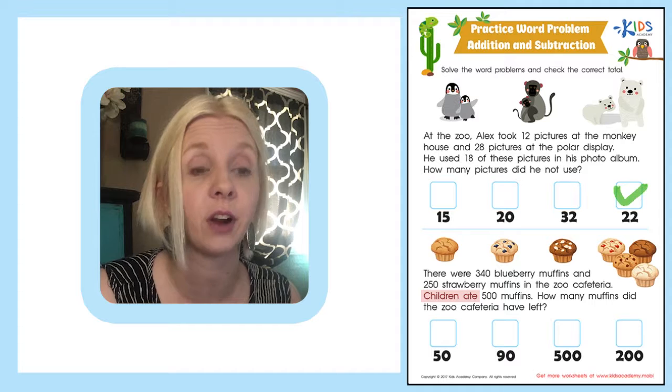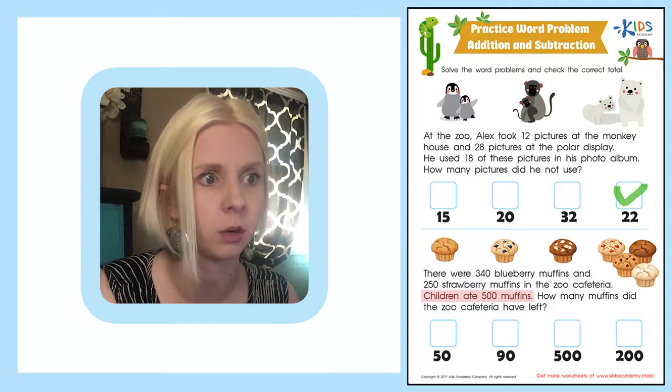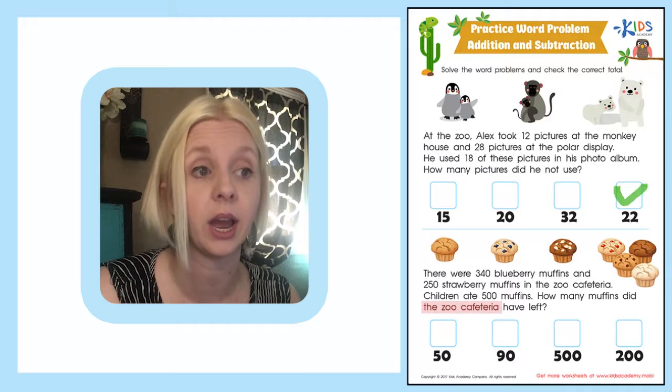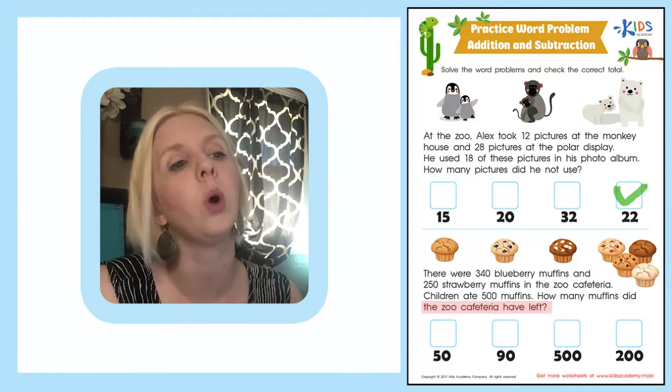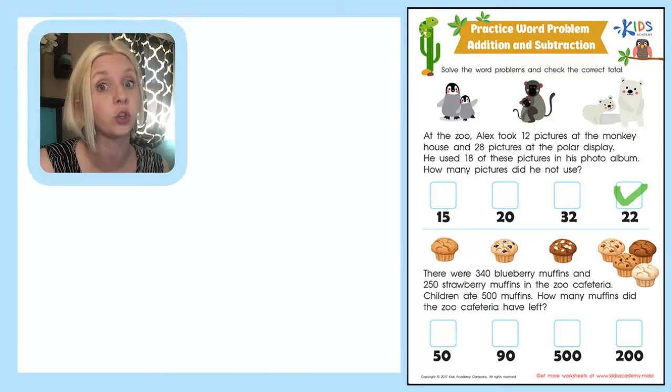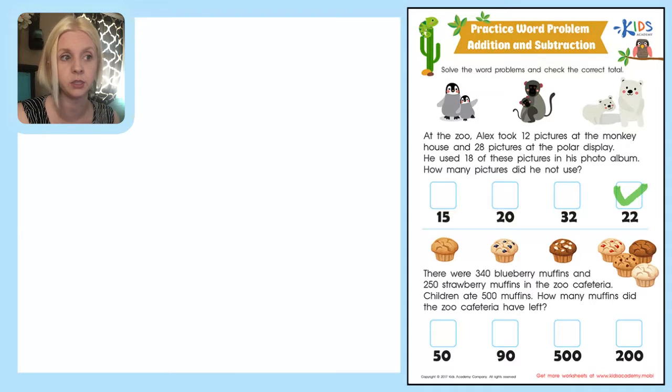Children ate 500 muffins. Ooh, that's a lot of muffins. How many muffins did the zoo cafeteria have left? So what we need to do now on this problem is find the total number of muffins between the blueberry and the strawberry, and then we need to subtract 500 to find out how many are left.